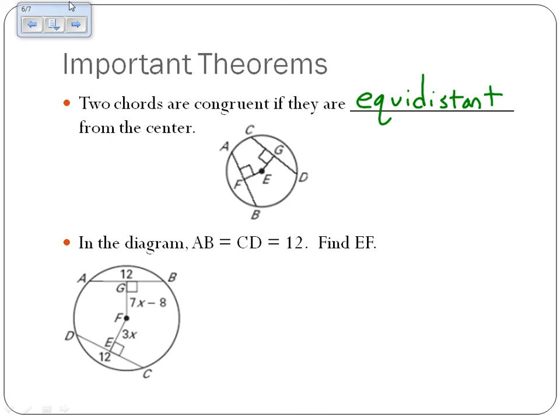So if you walk in a straight line, you form a perpendicular, and those two must be congruent. So see how FE and EG are the same length, the same distance from the center? If they are the same distance from the center, then the chords must be congruent. So here, AB would be congruent to CD.